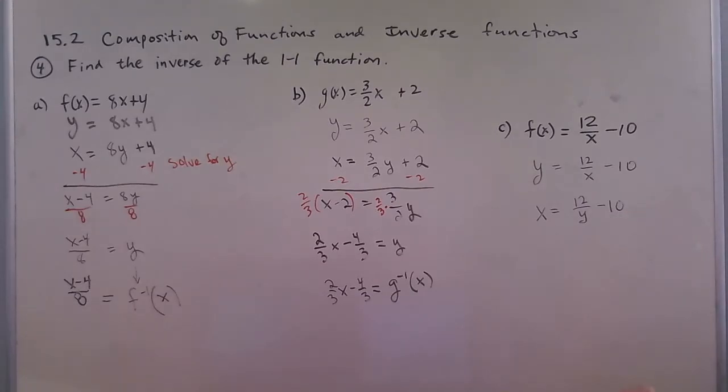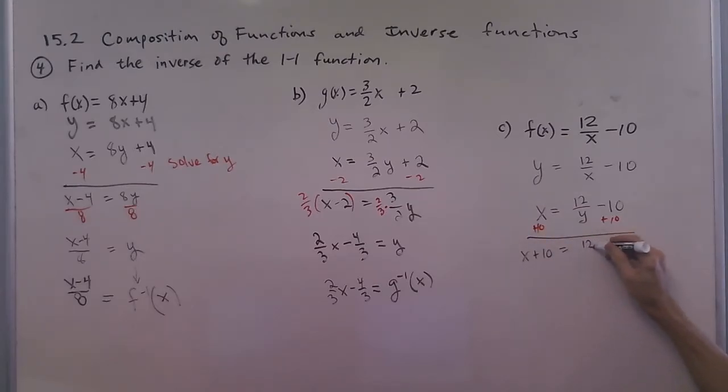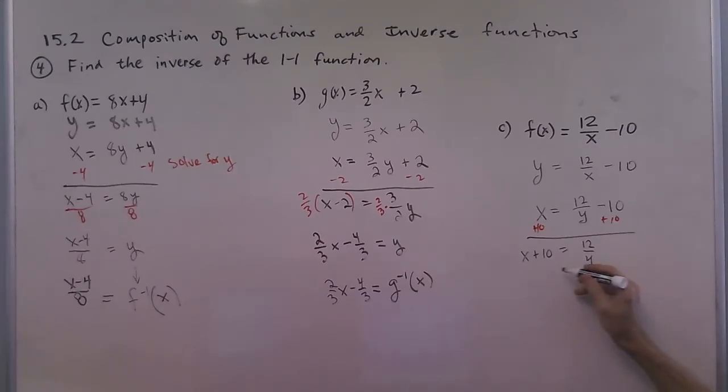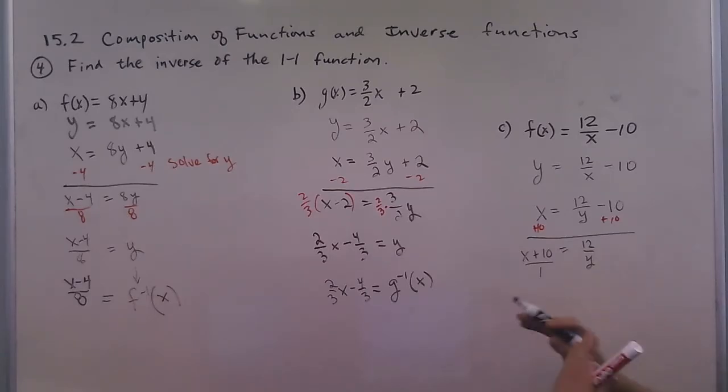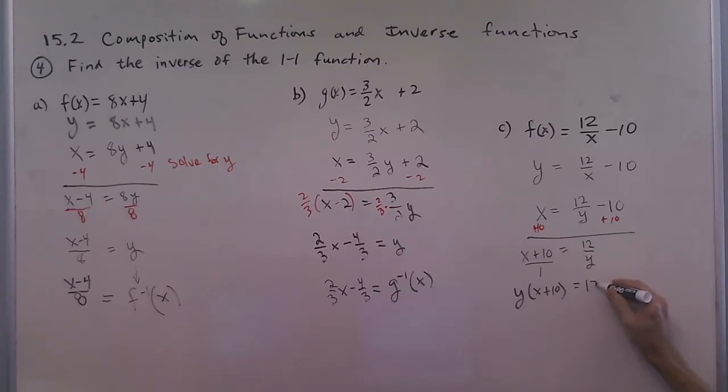Okay. And then on this last one here, I'm going to add 10. So I'll do that in red so you see the solving steps here. Add 10, and get x plus 10 equals 12 over y. Now this we've seen in a previous module, and you've got to be a little careful with it. It's a little trickier solving. You could put this over 1 and then cross multiply, so we'd have y, there's from the cross multiplying, equals 12.